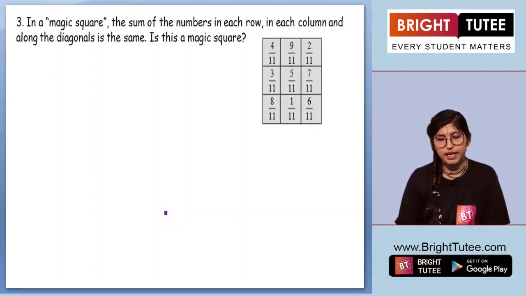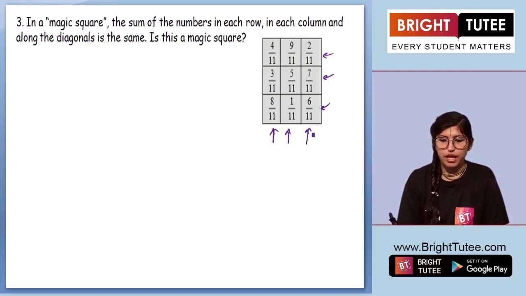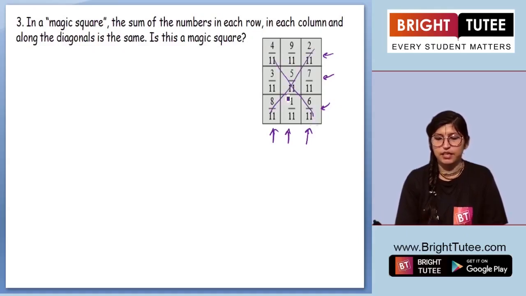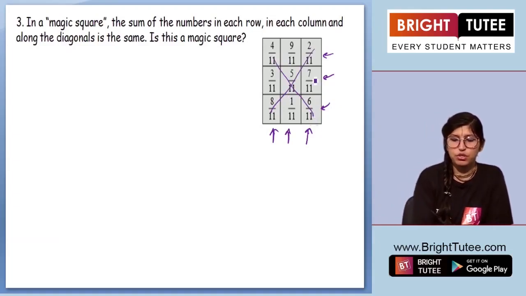Now it says that in a magic square, the sum of the numbers in each row, these are the rows. So we have 3 rows, we have 3 columns and along the diagonal. So this is one diagonal and this is the second diagonal. So it's a magic square if everything will be equal, then we will be finding it out. So what do we do?